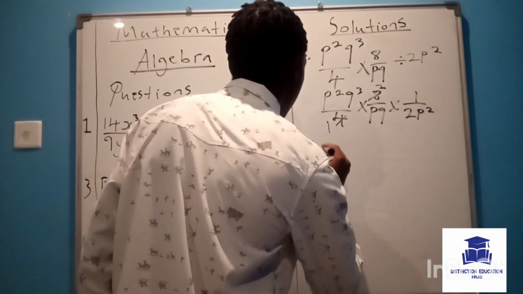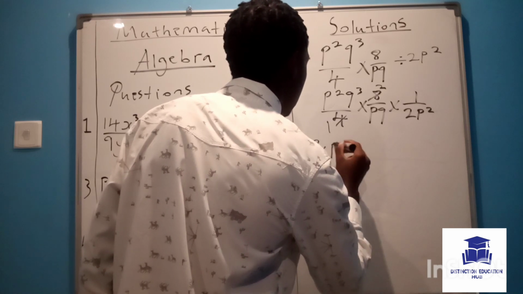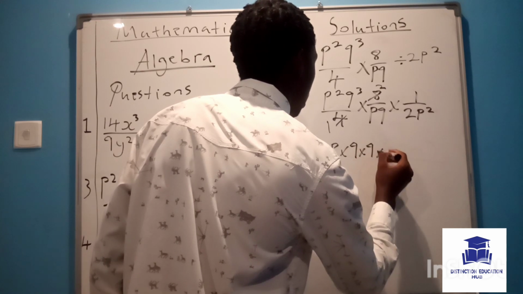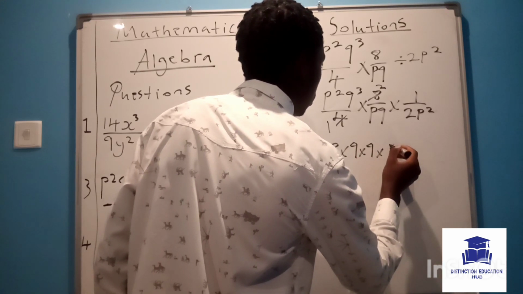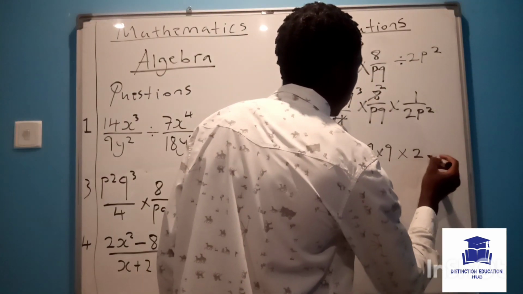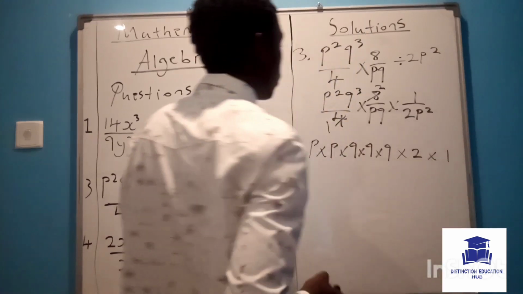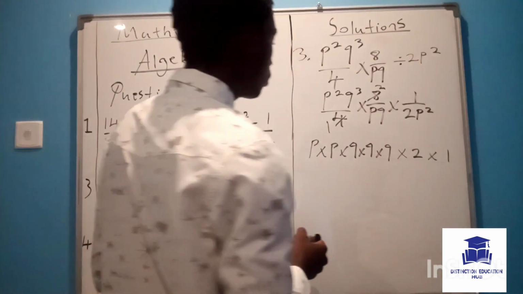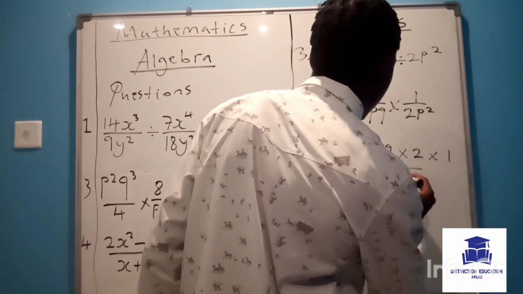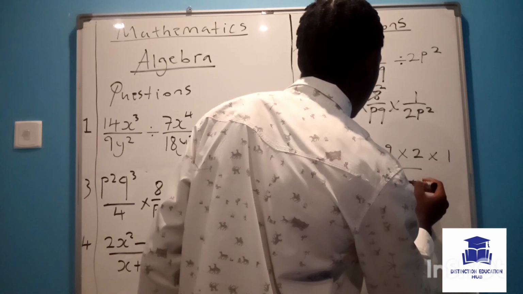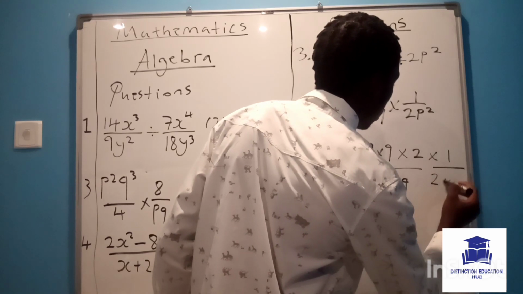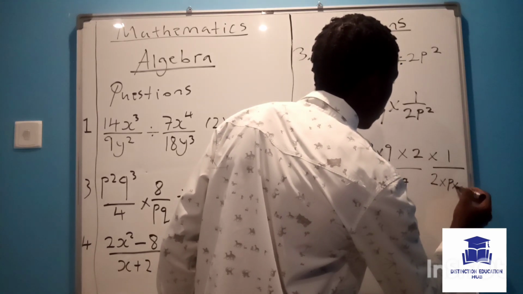Then you do P times P times Q times Q times Q times 2 times 1 over P times Q over 2 times P times P.